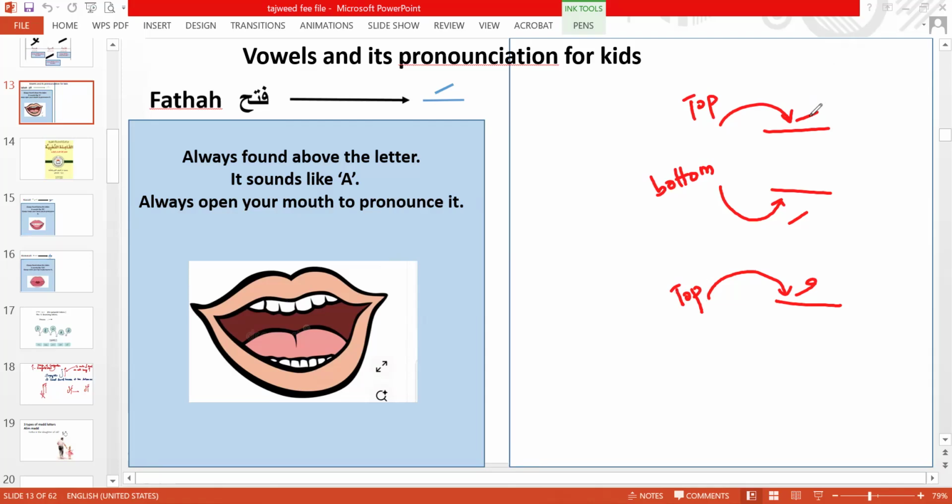To pronounce Fatha, there are some basic things that a reciter should remember. Fatha is always found above the letter. It sounds like a, a, a, and you always open your mouth to pronounce it.